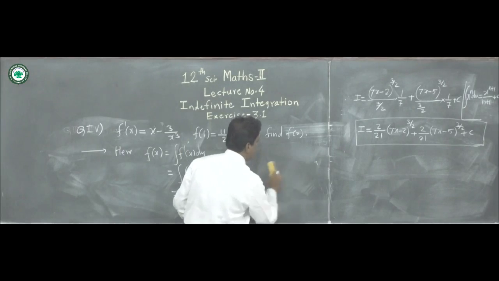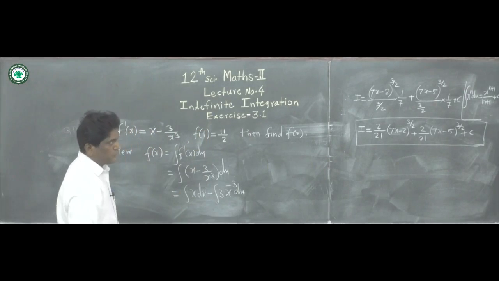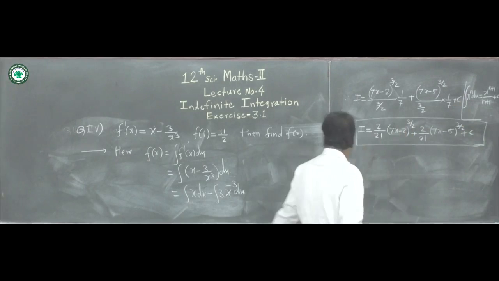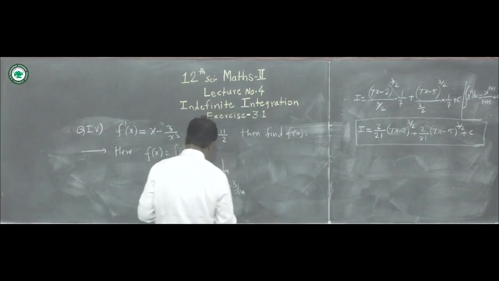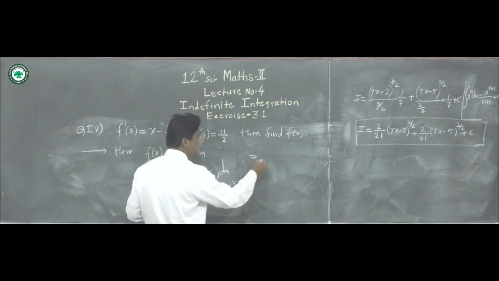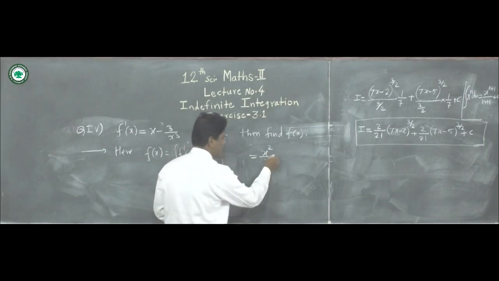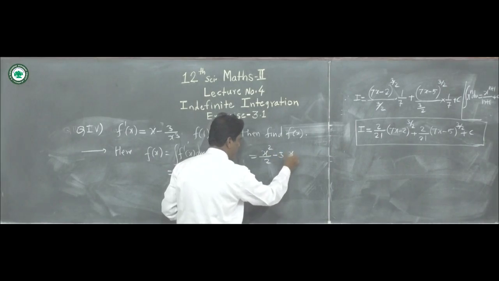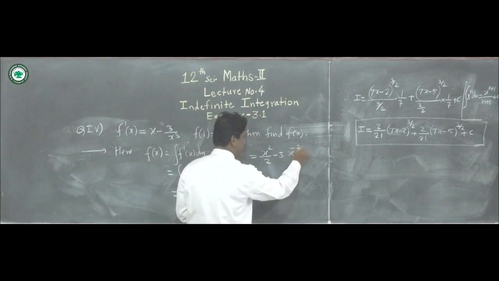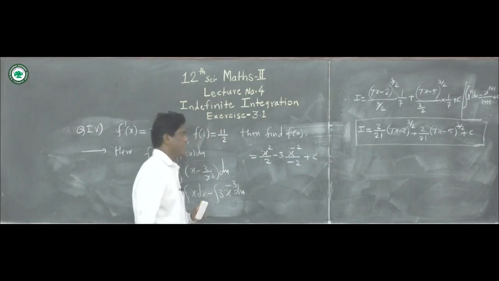And now here we know here integration of x dx using the same formula which is written here. So integration of x dx, here power is 1, so it is equal to x to the power 1 plus 1, that is 2, divided by same number, minus here 3, x to the power minus 3 plus 1, that is minus 2, divided by same number minus 2 plus constant of integration.